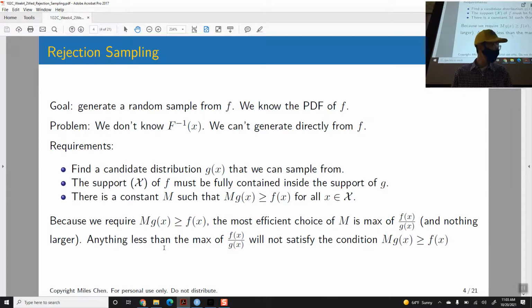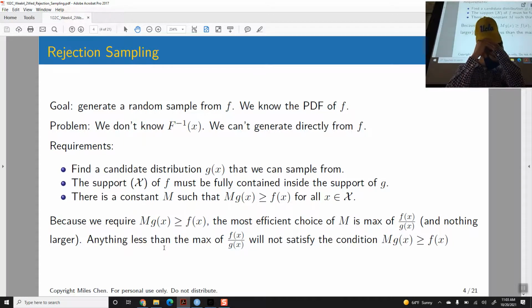Another constraint is that there exists a finite constant m such that m times g of x is greater than or equal to f of x for all x.